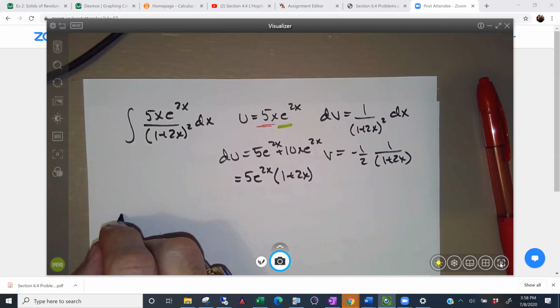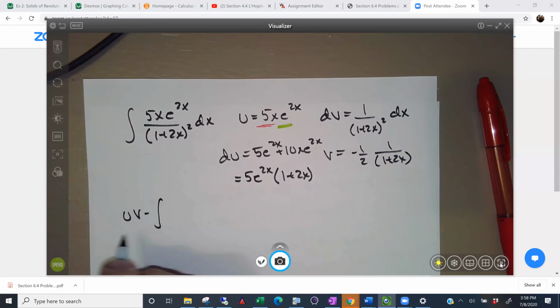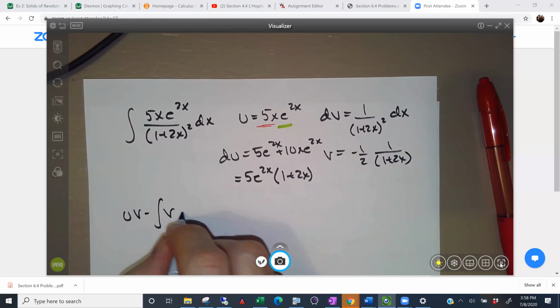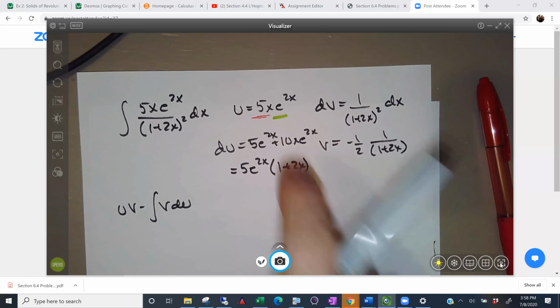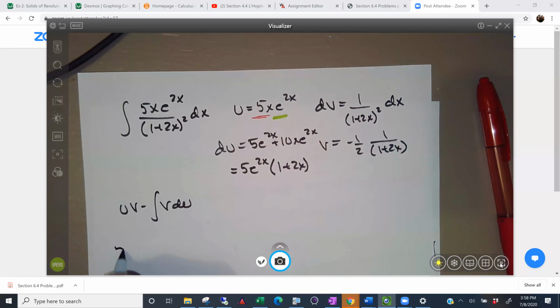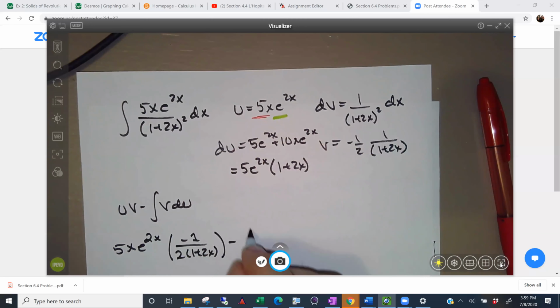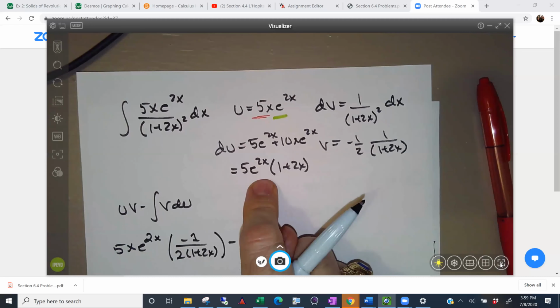All right. So u times v minus the integral of v du. Let's put all those together. U times v. It's going to be 5x e to the 2x times negative 1/2, or negative 1 over 2 times 1 plus 2x, minus the integral of v du.